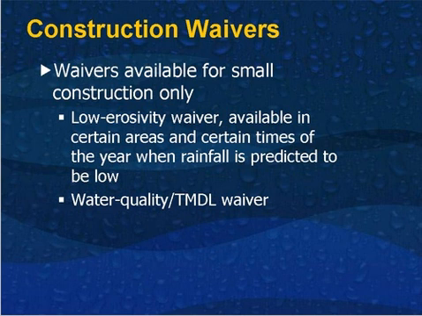But this would apply in dry areas, particularly in places where we don't have a lot of rainfall or where during a particular part of the season there's very little chance of rainfall. And so we use an erosivity factor, and there's a calculator on the NPDES website to see whether you can apply for this waiver or not. But if there's little chance of rain during our construction program, you might be able to apply for that waiver and opt out of the program.